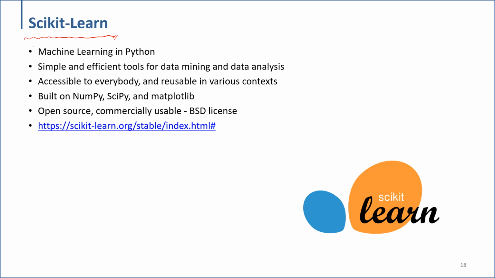Scikit-learn is a machine learning library written in Python. It provides very simple and efficient tools for data mining and data analysis. It is accessible to everybody, and anyone can reuse it in various contexts. It is built on the NumPy, SciPy, and Matplotlib libraries.